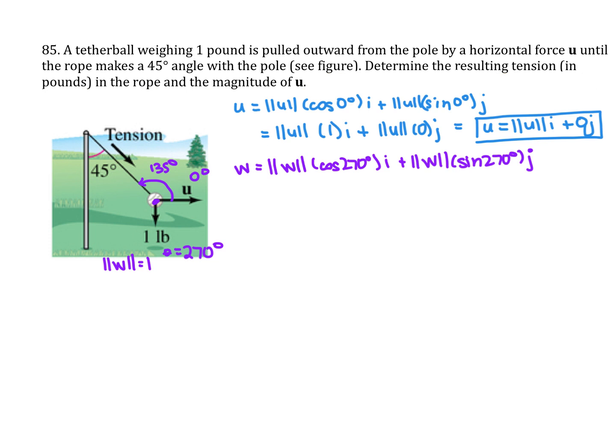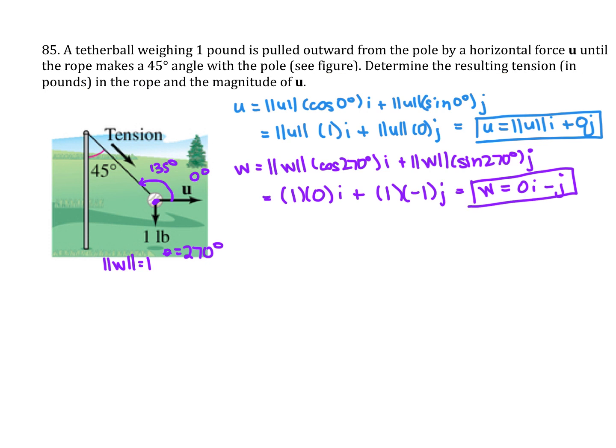Now the magnitude of W we know is 1, and cosine of 270 degrees is 0, i. And then the magnitude of W again is 1, sine of 270 is -1, j. So we can write the vector W is 0i minus j.